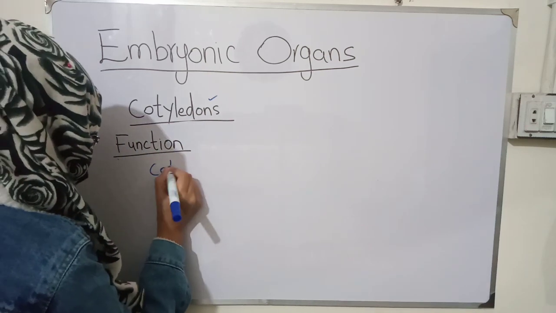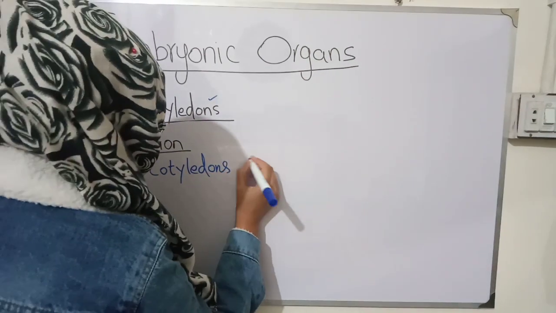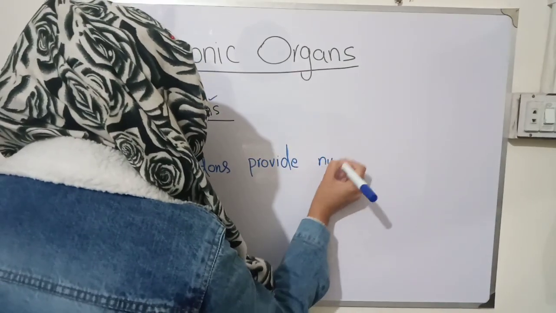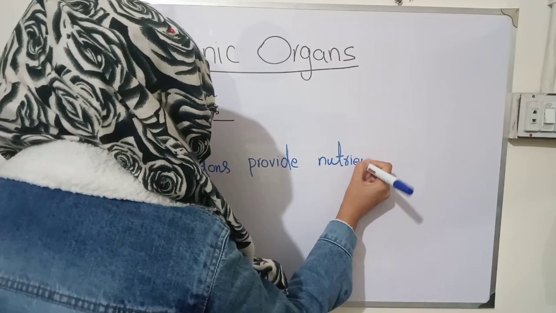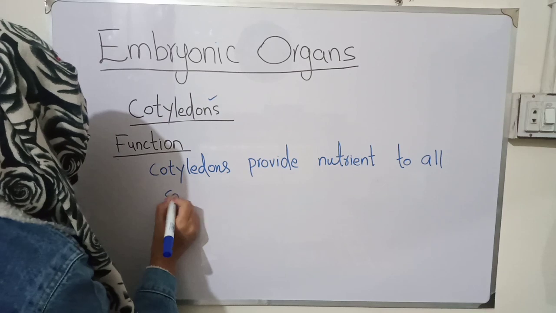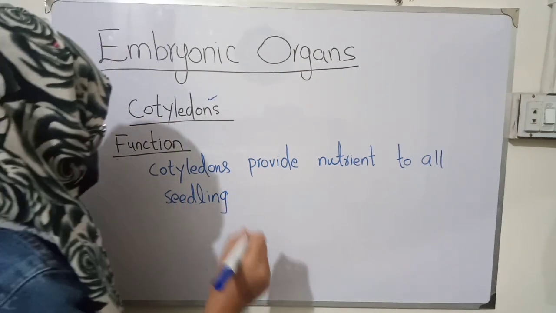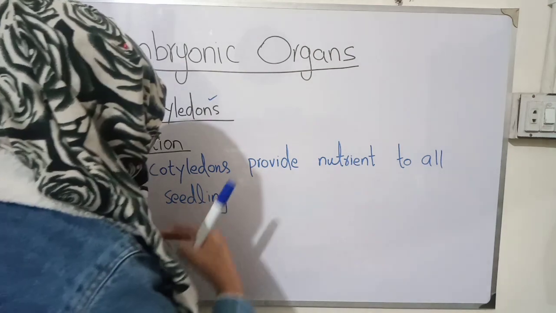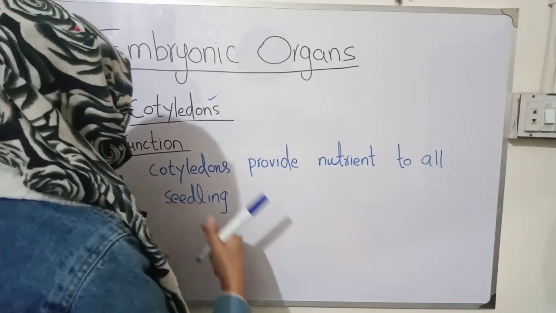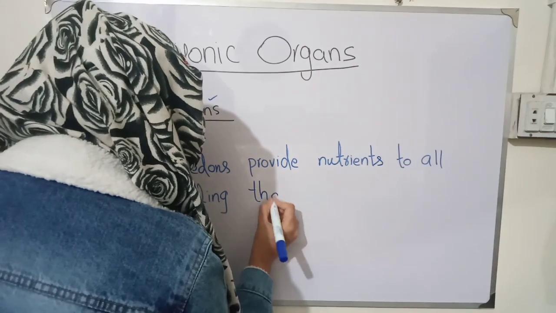Cotyledon provides nutrients to all the seedling parts, that may be hypocotyl, epicotyl, radicle, plumule that emerge from the embryo.